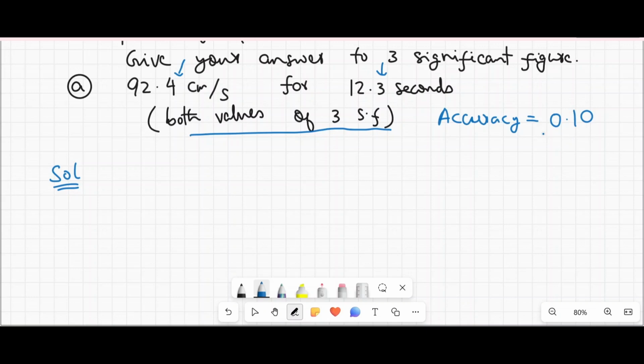So the accuracy will become 0.10 and the error will become 0.10 divided by 2, so this is 0.05. This is the error term.